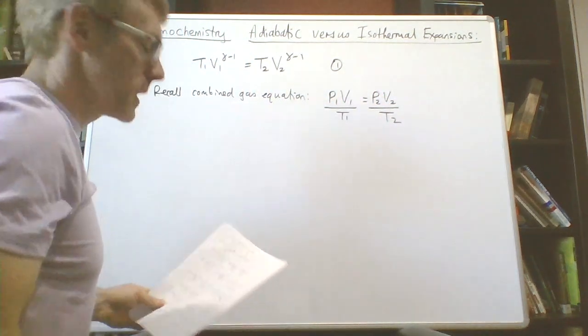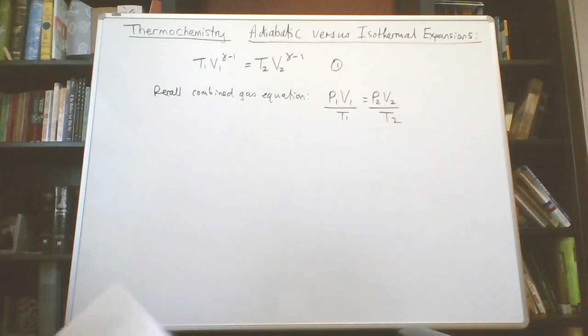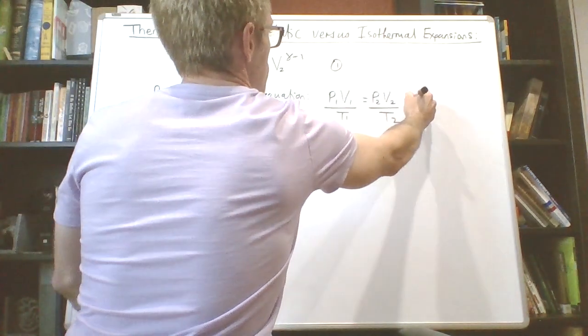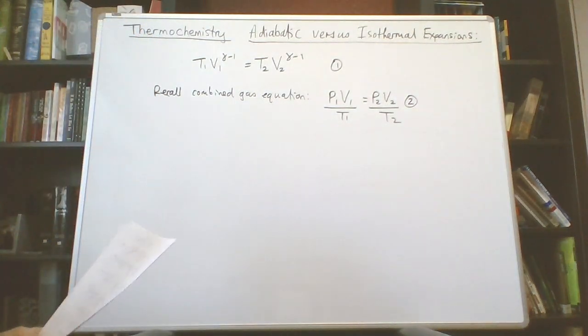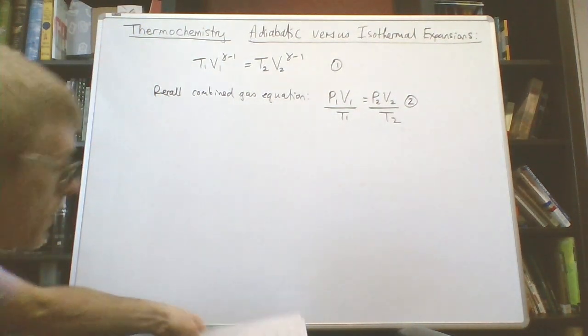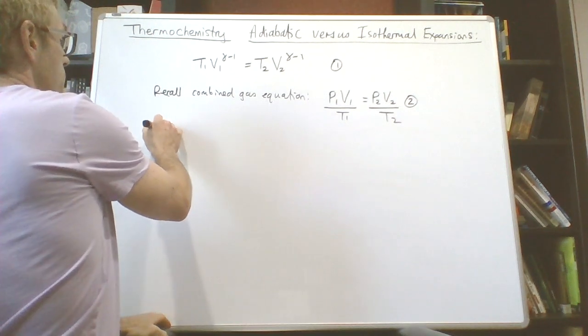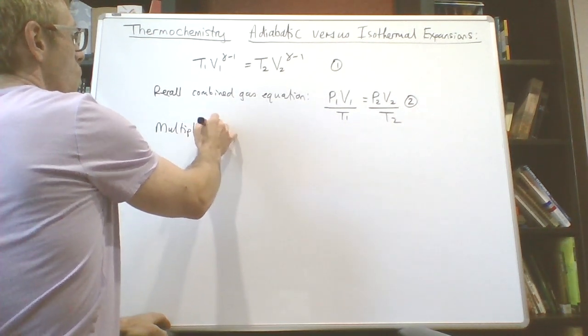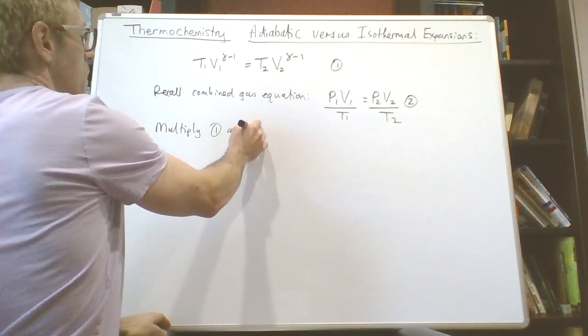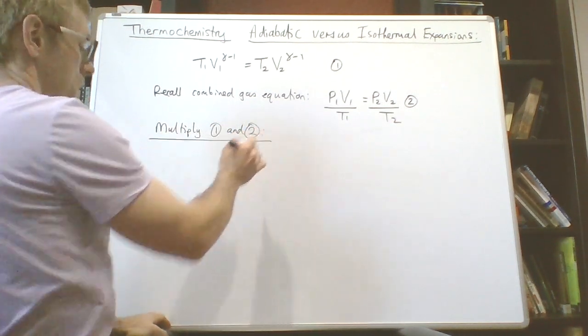So this is the combined gas equation. Let's call this equation 2, just in terms of labeling it. So now we're going to multiply equation 1 by equation 2. So we're going to multiply 1 and 2.